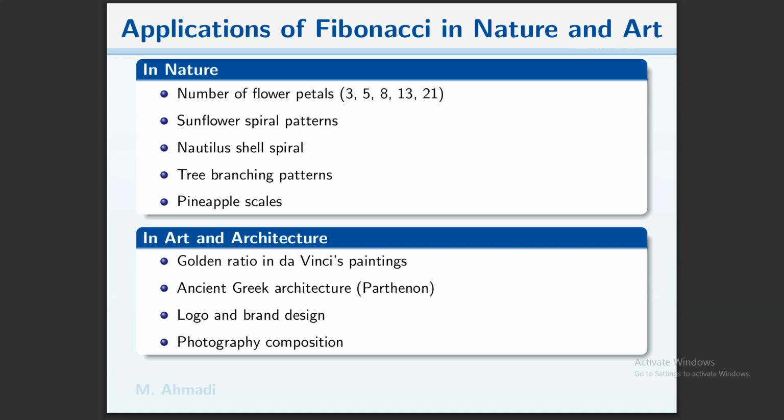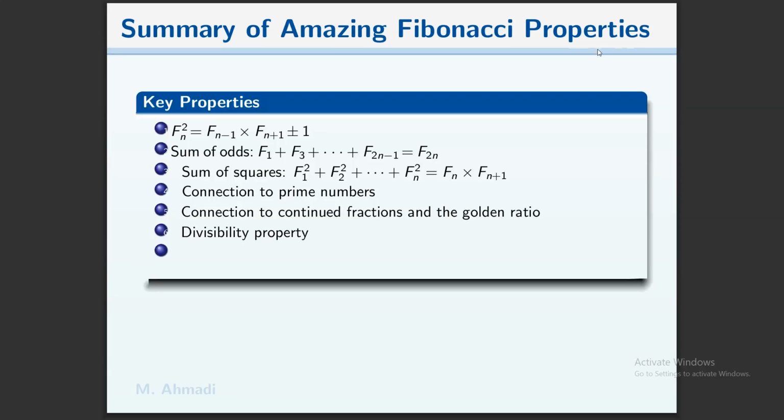In ancient Greek architecture, it also appears in the Parthenon. In logo and brand design, some famous companies use the golden ratio in their logos. And also in photography, the golden ratio can be found. So we can say mathematics is at the heart of nature and art.